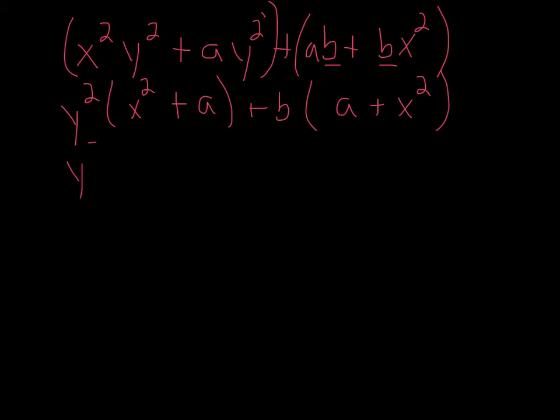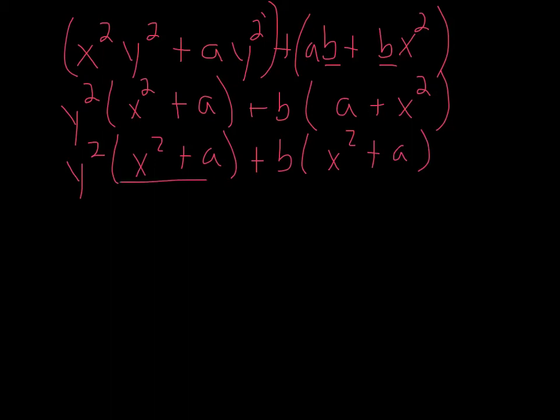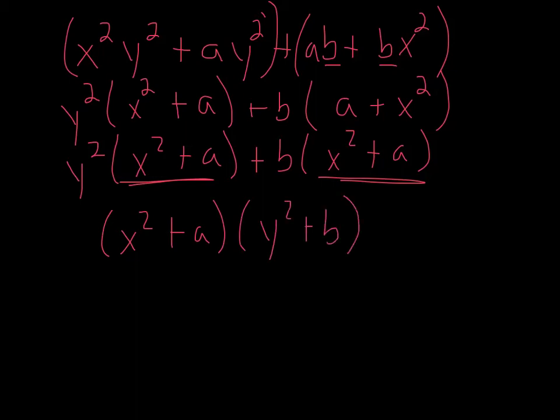So we have y squared times x squared plus a, plus b times x squared plus a, using the commutative property to flip those two around. Now we have two terms that are common. So we have x squared plus a times y squared plus b. All right, there you go. Pretty simple.